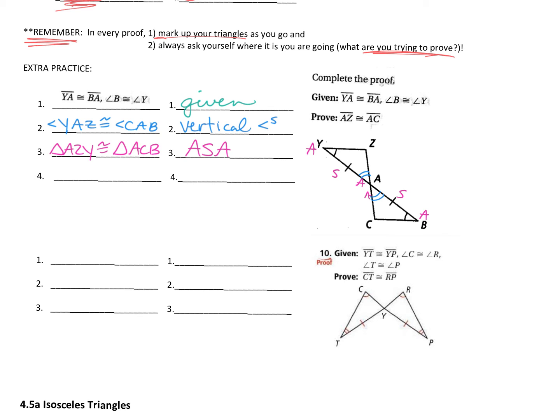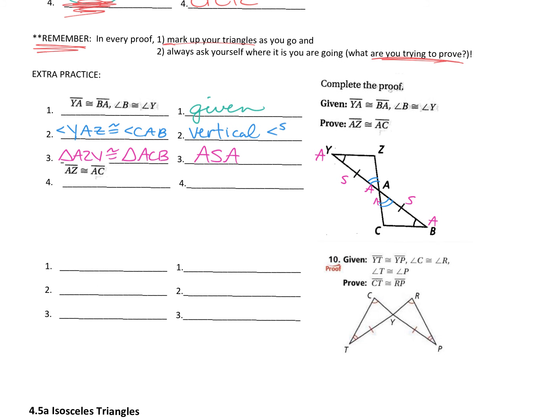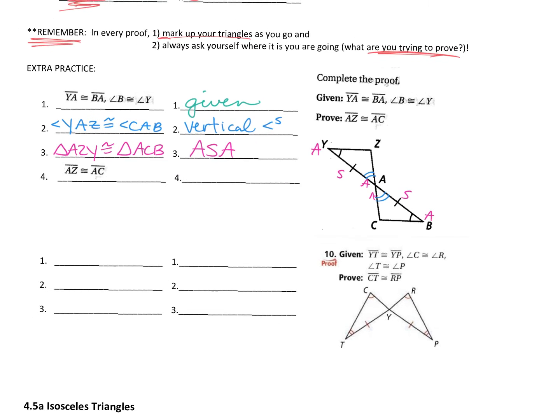Your prove, what they asked you to prove, right? This set of segments congruent, AZ is congruent to AC. Don't mark it. We don't want to mark it because then you think, oh, by SAS. That's not what we're doing here. We're saying once we know the triangles are congruent, then the pieces of the triangle are congruent by what? CPCTC. Are you getting the feel for this? Does that feel like a good flow to you?